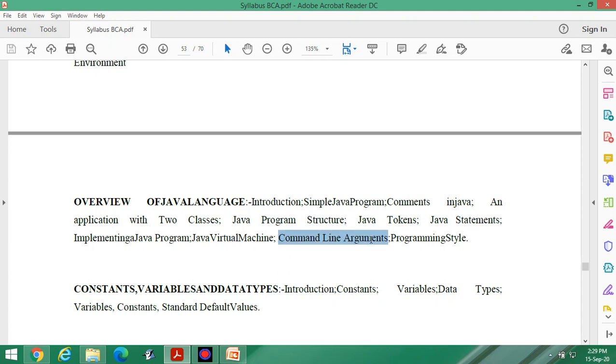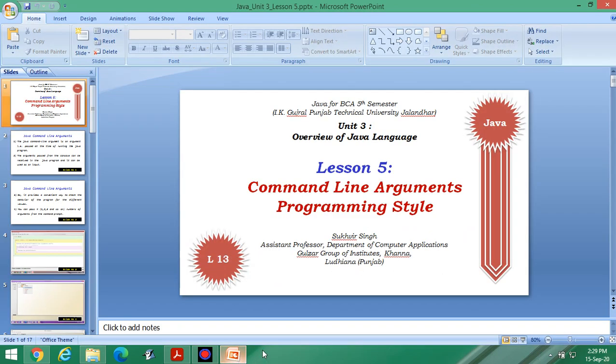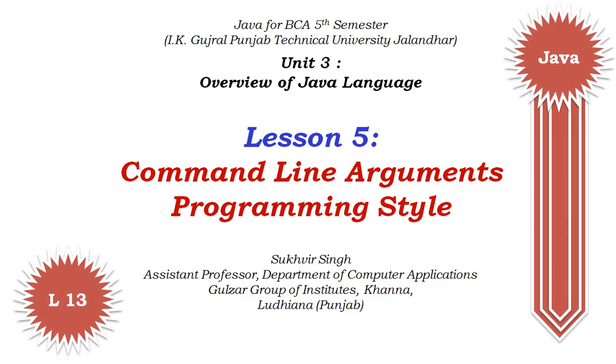Today I will try to complete the third unit by explaining command line arguments and programming style. It is the third unit, overview of Java language, lesson number 5 of third unit, command line arguments and programming style.